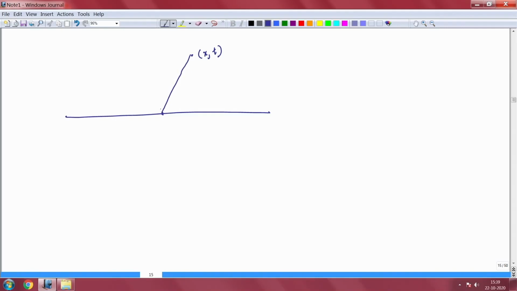So, if it reaches this point x naught, the value at that point is the initial value u naught of x naught, and you have u naught of x naught as the inverse slope. Let me write down the equation of that. What is the equation of this curve? The equation of the curve is x equal to t u naught of x naught, because u naught of x naught is the inverse slope.